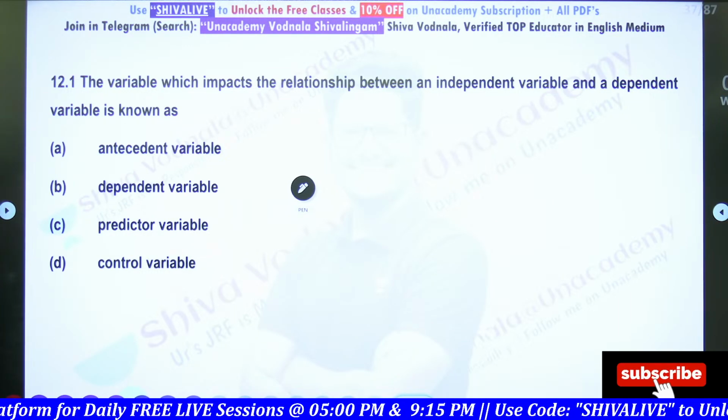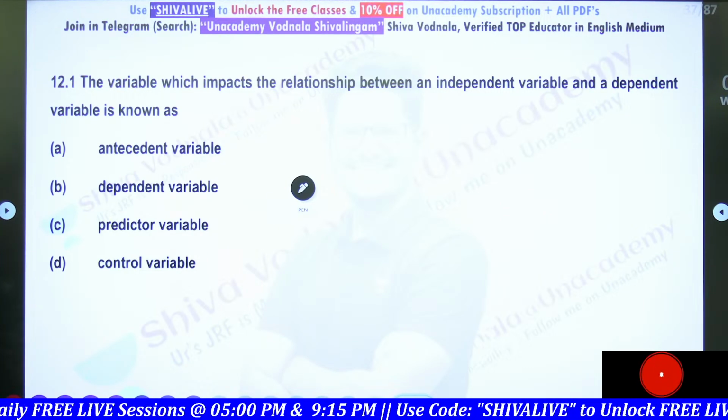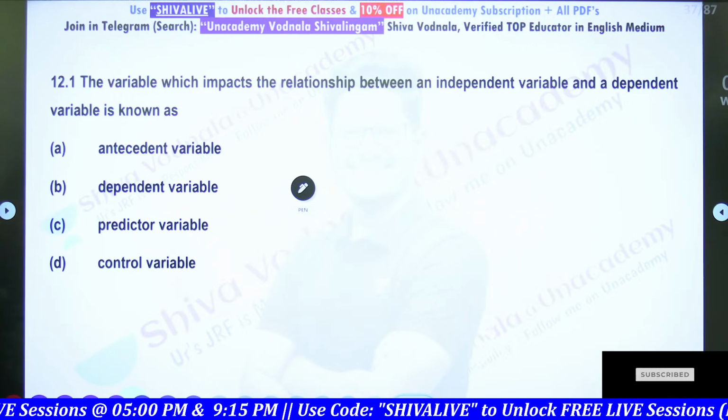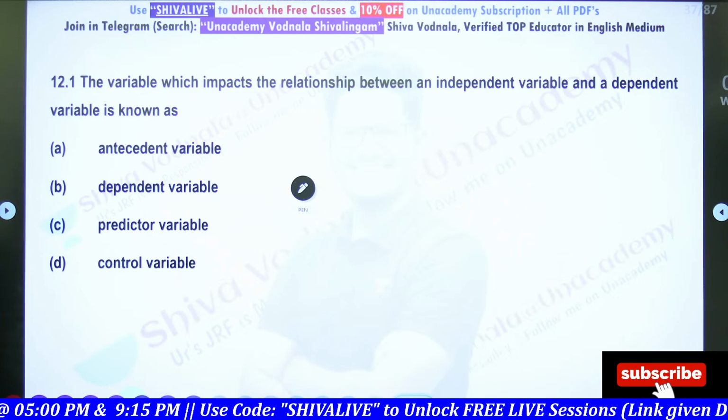The variable which impacts the relationship between an independent and dependent variable. Very easy. Which variable is creating the relationship between the independent and dependent variable?